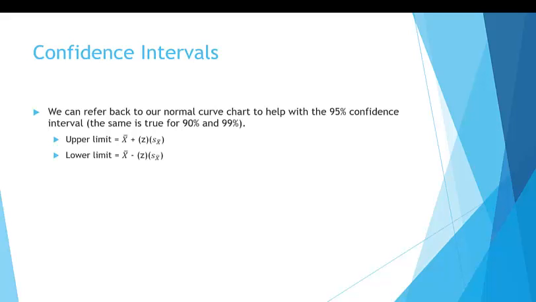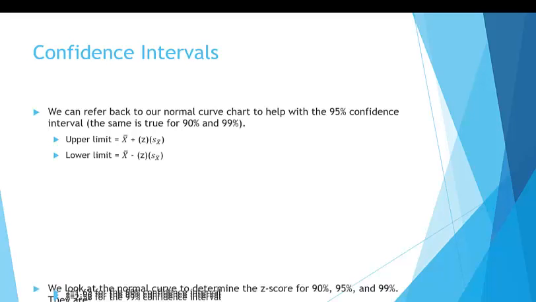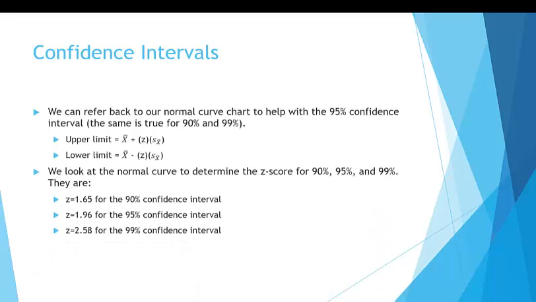Now you're probably about to get tired of me saying, look at the z-score, but I'm going to give you these z-scores because they're pretty straightforward on a normal curve. If we're talking a 90% confidence interval, then our z-score is 1.65. If we're talking 95%, our z-score is 1.96. And for a 99% confidence interval, our z-score is 2.58. Okay?